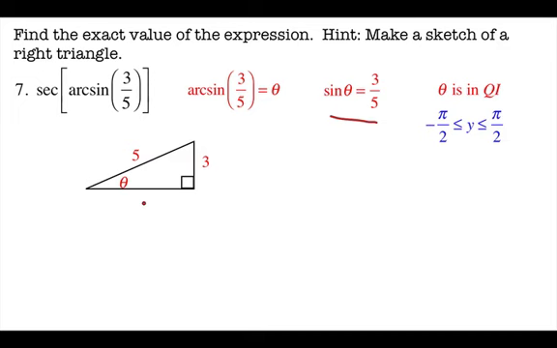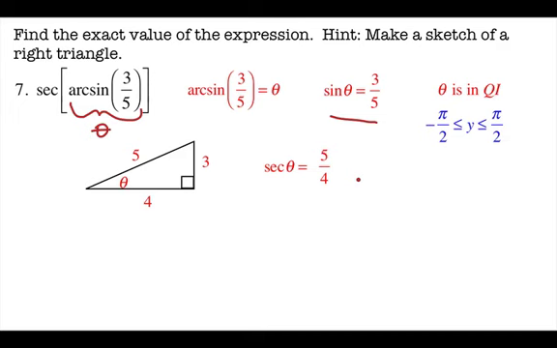Opposite over hypotenuse, I'm able to find this side here, which is 4. And then all I need is secant of, now all this right here represents theta. So secant of theta is equal to hypotenuse over adjacent, which gives you 5/4. And you're done with number 7.